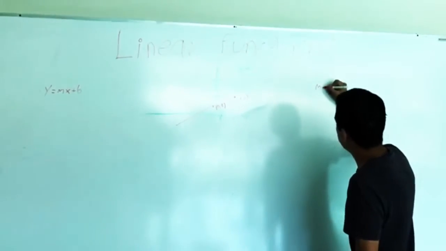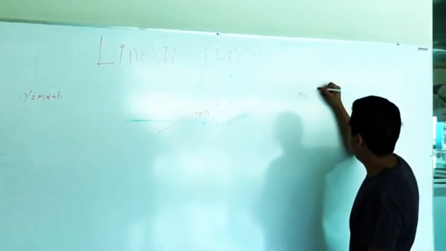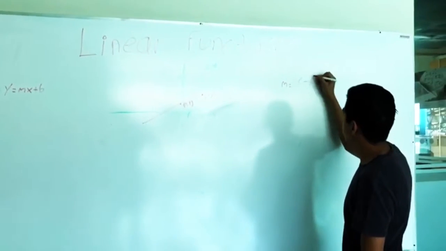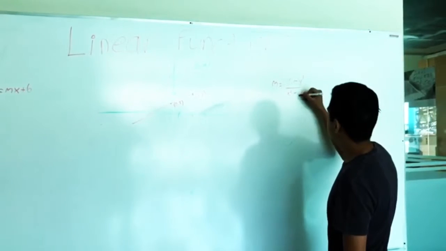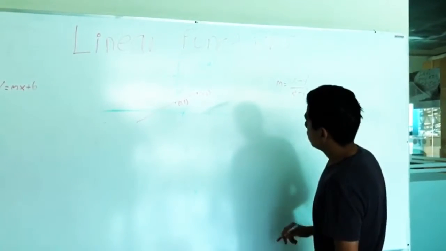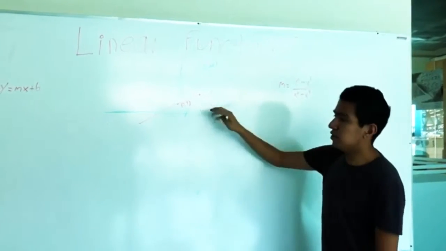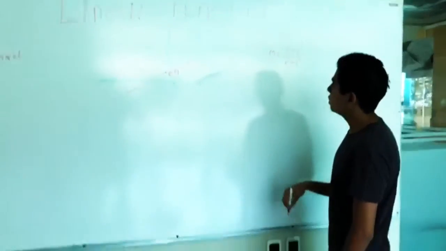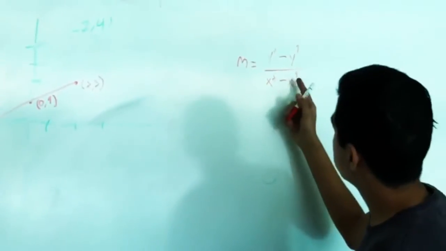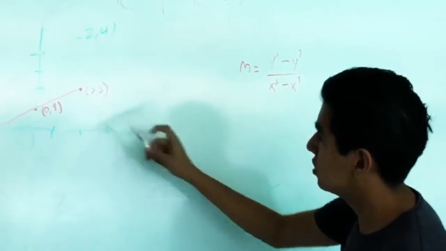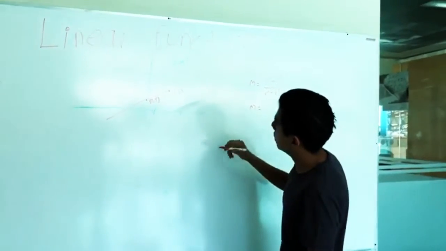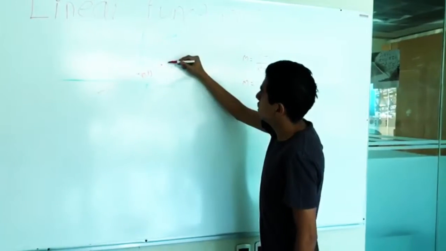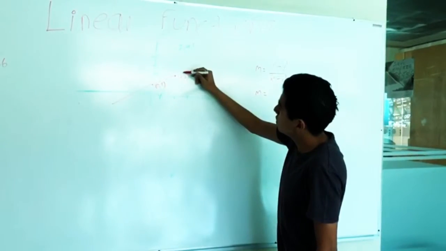We know that m equals y2 minus y1 divided by x2 minus x1. Now that we have the 4 points that are required, we can change this formula with these points. We can say m equals, we're going to take this one as the y2.